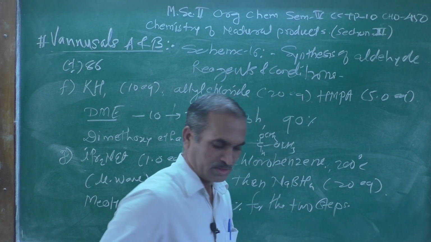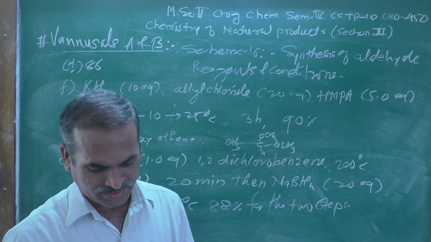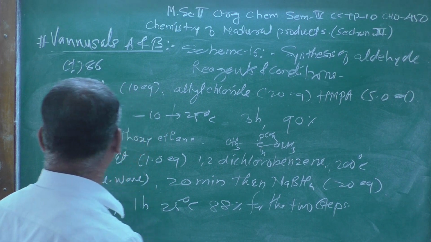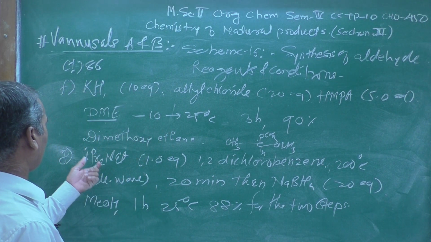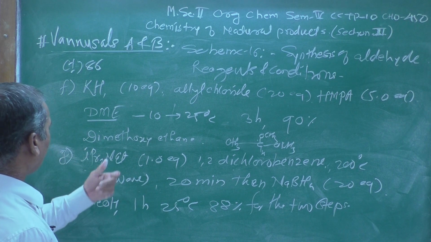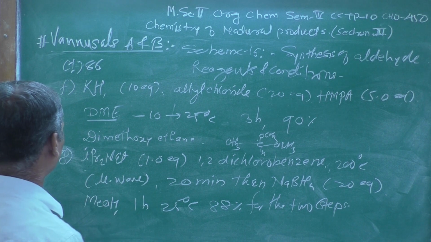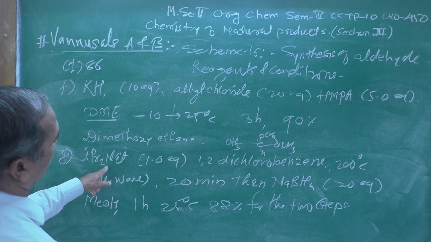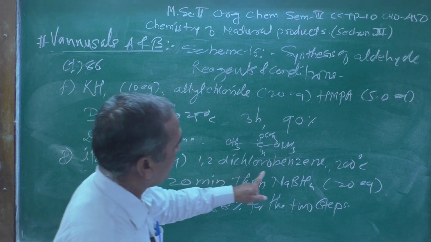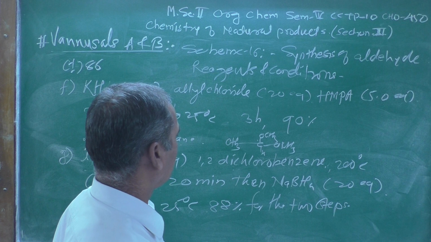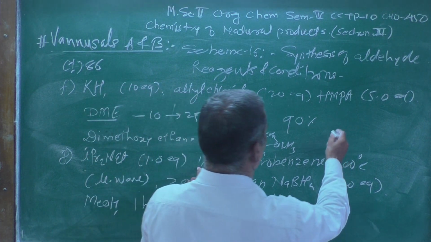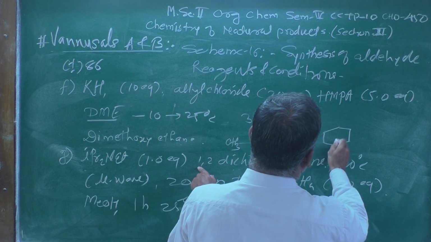This was a story for the reagent, iPr2NEt, that means diisopropylethylamine, and 1,2-dichlorobenzene. As we know, the structure of 1,2-dichlorobenzene will be this one.